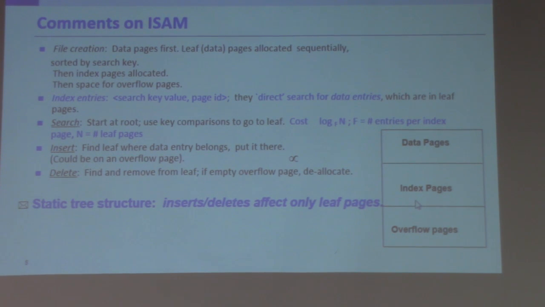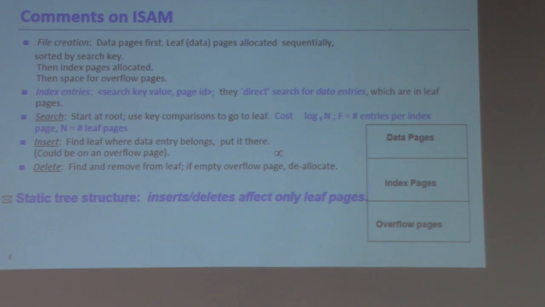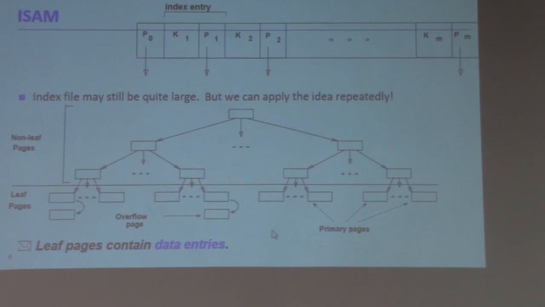Index pages include both leaf level pages and index level pages. And typically it's stored level by level, meaning you start with all the leaf level pages, sequentially store them, then you go to the next level, sequentially store all of them, then you go to the next level, and so on and so forth. The last page is the root page of your tree. Okay? And then when you have future insertion, deletion coming along, then you may introduce overflow pages, right? These guys.